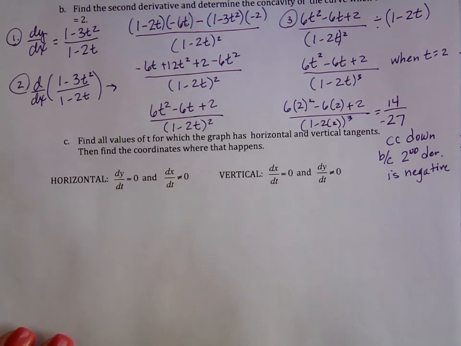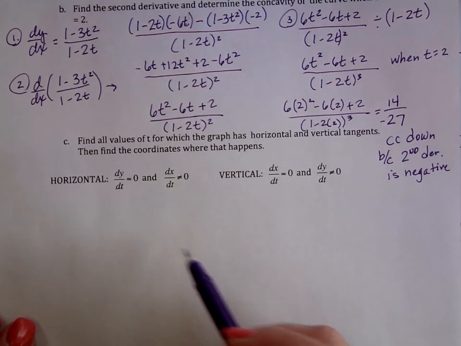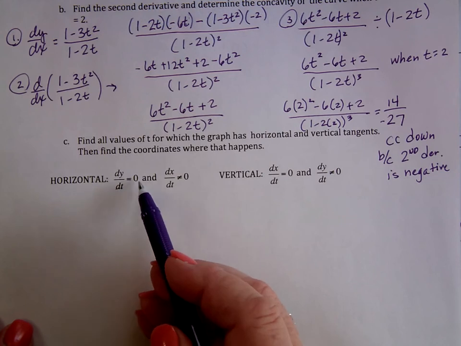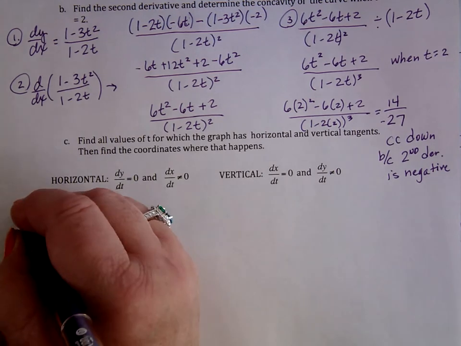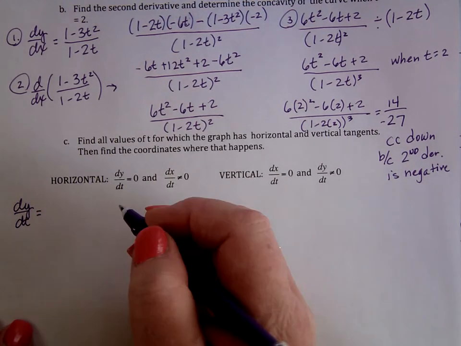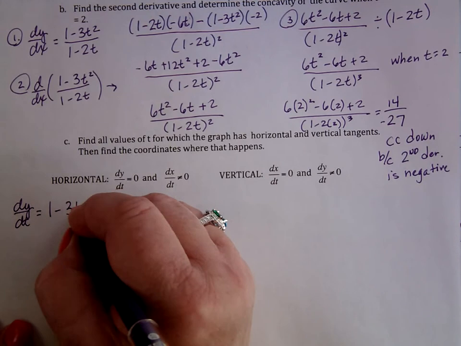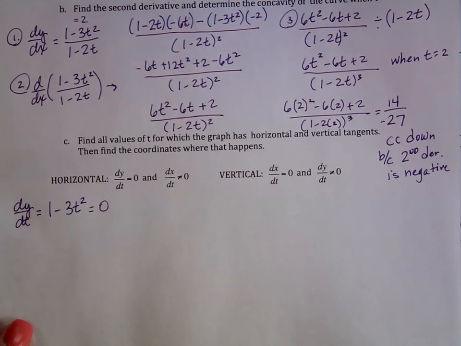And he gave you some quick examples of this, but I just want to take you one more time through it. So you want to know when dy over dt equals 0. So I'm going to do that. Dy over dt equals, well, back up above, we said dy over dt was 1 minus 3t squared. I want to set that equal to 0 and solve it for t.